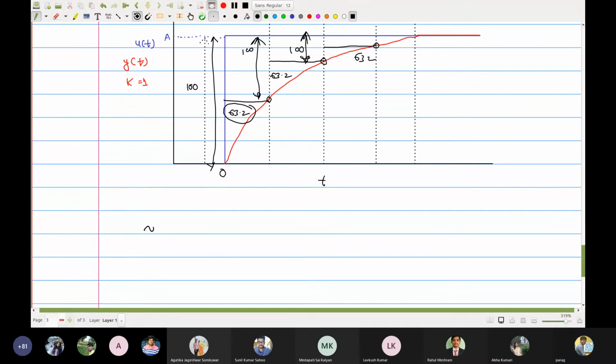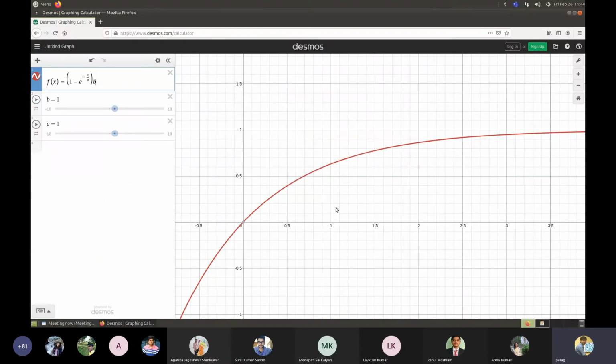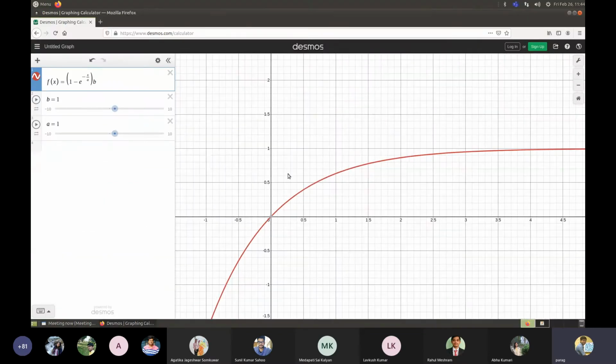Okay, and therefore in 4 time constants, you reach nearly 98.5% of the forcing function. So let's see if I am correct. In one time constant, you reached 63.2 to be exact.